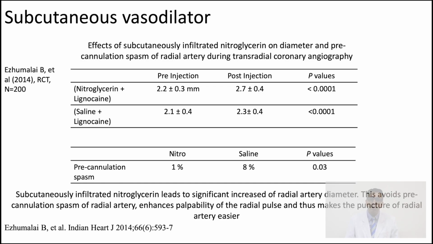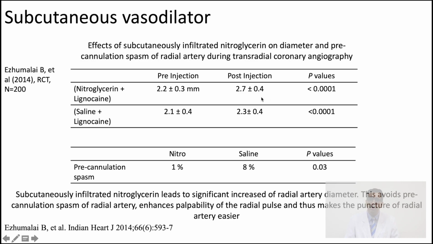The use of subcutaneous vasodilator can be learned from these relatively small studies, which have shown that subcutaneous injection of nitroglycerin leads to a significant increase of radial artery diameter.